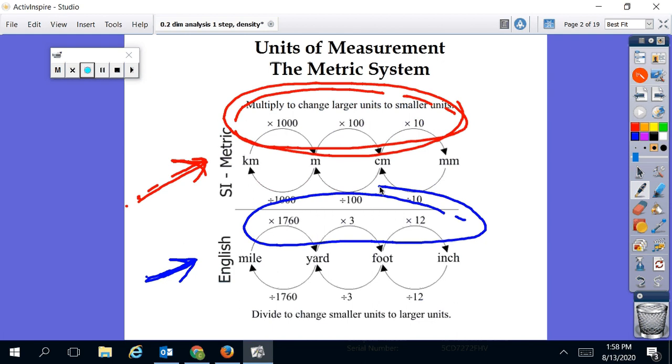To go from a yard to a foot, you would have to multiply by 3. So the numbers are just not as easy as the metric system. However, we do have to know how to go between English to metric, metric to English, in order to be able to travel and to be able to do chemistry problems.